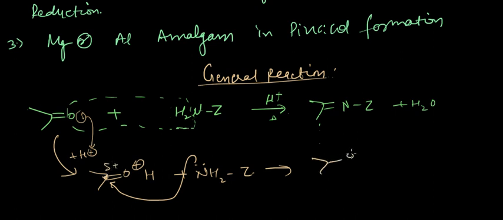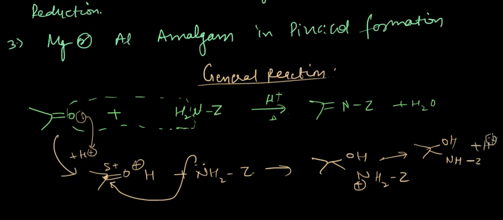So we'll have something like OH here, and N will get a positive charge, and this would be the case, right? What will happen next is, again this H plus would be recouped into the reaction, and we'll get something like OH and NHZ, and H plus is recouped back into the reaction.